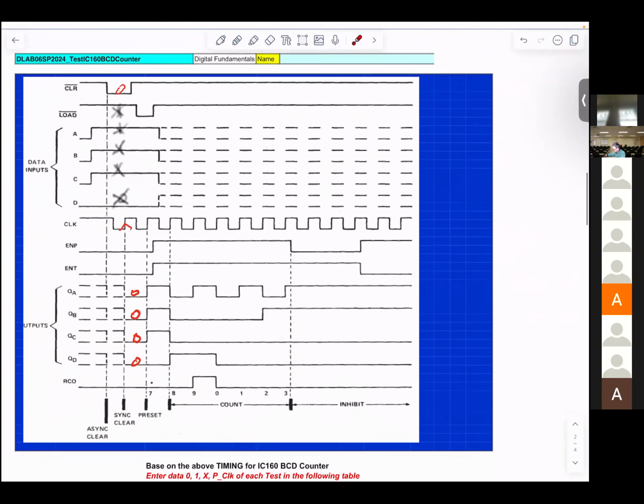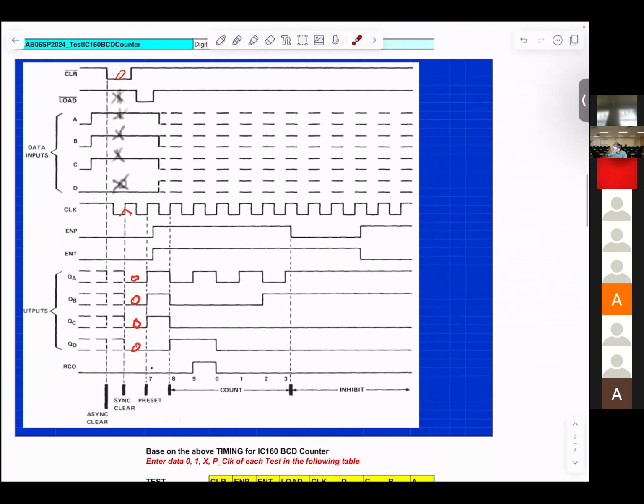So now, if you're looking at the timing, now you want to load. That means load 0 here. And the first thing you see, clear must be 1.